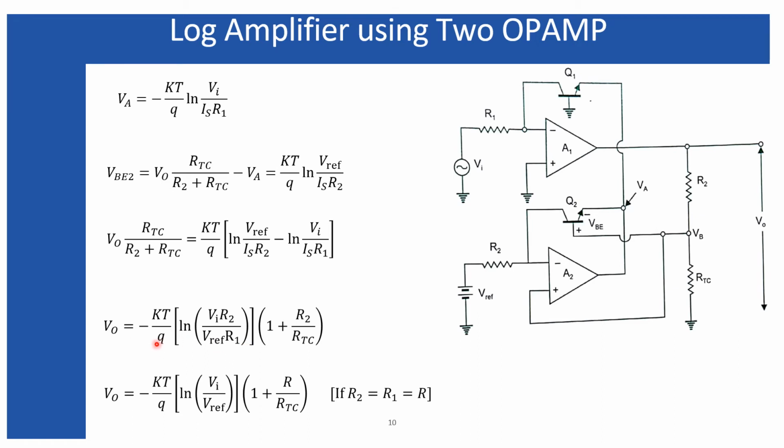In the final expression of V0, if you consider that R2 is equal to R1 is equal to R, that is, both of them are equal, then this expression becomes exactly the previous expression where I used 4 operational amplifiers. So therefore this is a much more improved circuit in comparison to the previous one.